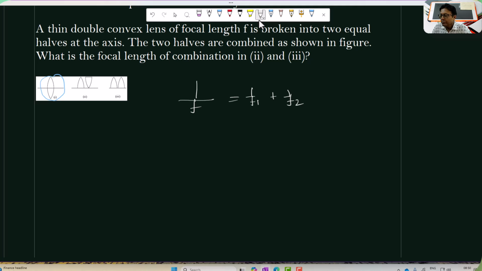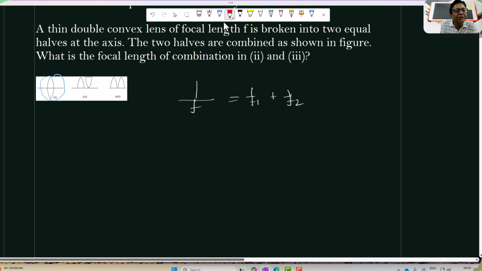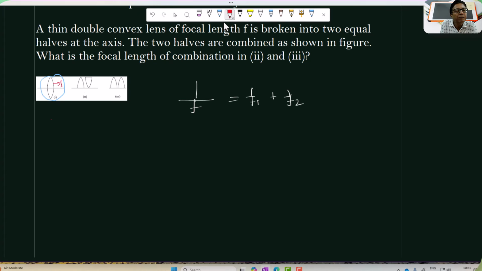Now, what is the focal length when it is cut into two halves in this manner? For the first half, the focal length of this part is taken as f, and this one is also f.